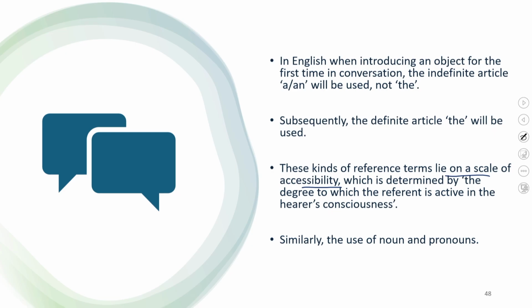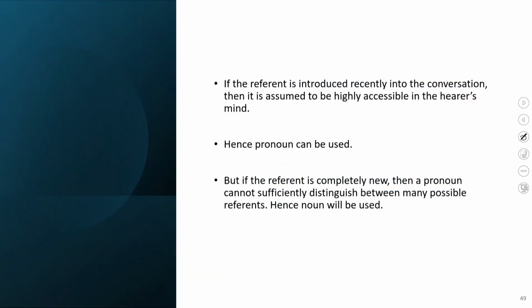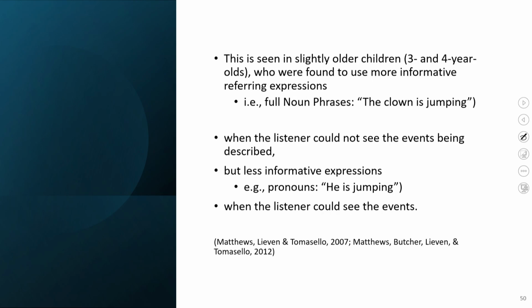When you introduce a new object, you use a noun, subsequently you will be using a pronoun to refer to the same thing, and the equivalent of this is the scale of accessibility, how accessible the object is. So, if the referent was introduced recently in the conversation, then it is assumed to be highly accessible to the hearer's mind, hence pronouns will be used. But if the referent is completely new, then a pronoun cannot sufficiently distinguish between many possible referents, as a result of which you will be using a noun.